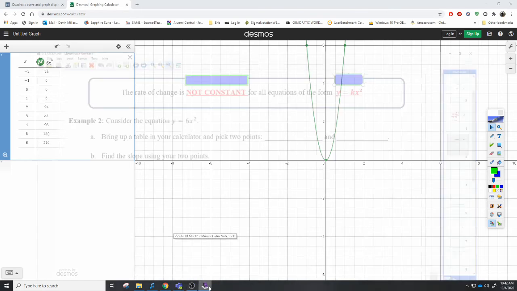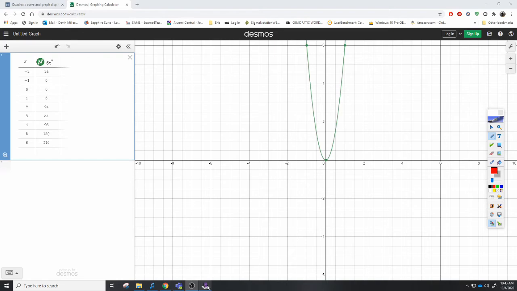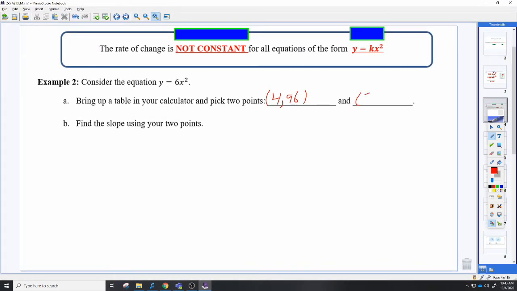And you pick different ones. So find the slope. In my particular case, this would be 150 minus 96 all over 5 minus 4. So the bottom would be 1, and the top would be 54.